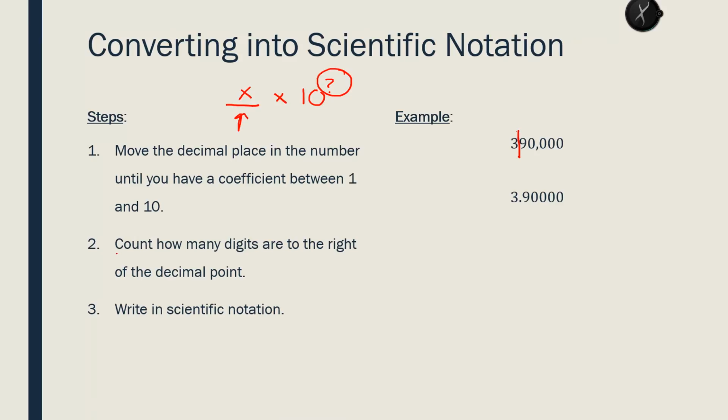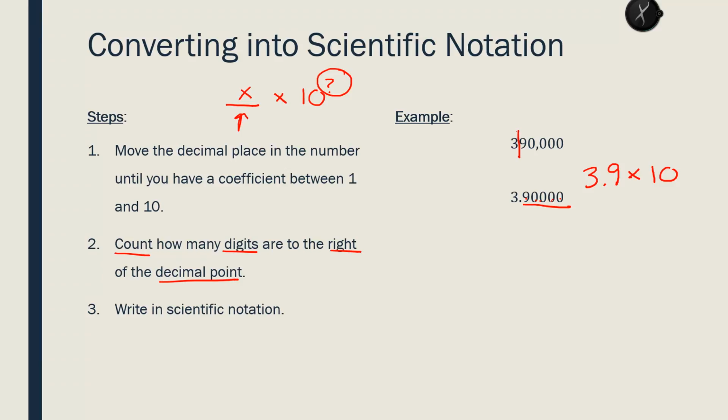Our second step says count how many digits are to the right of the decimal point. If I look right here, I've got 1, 2, 3, 4, 5 digits to the right of the decimal point. So my coefficient is 3.9, and I'm multiplying by 10.